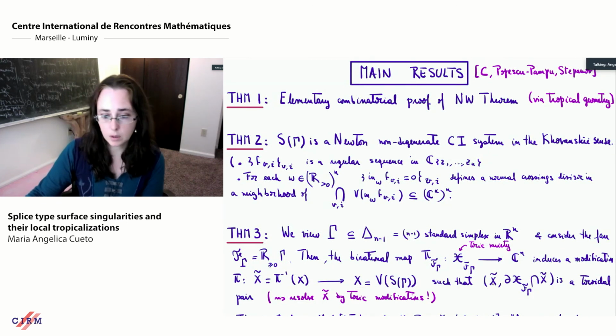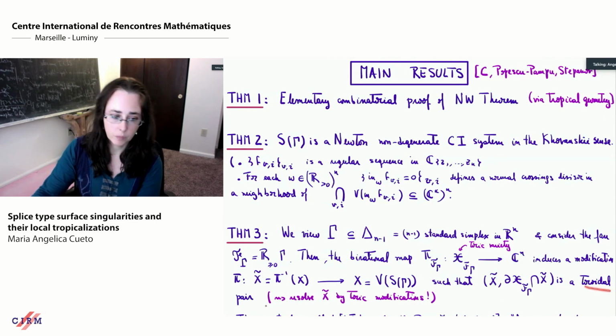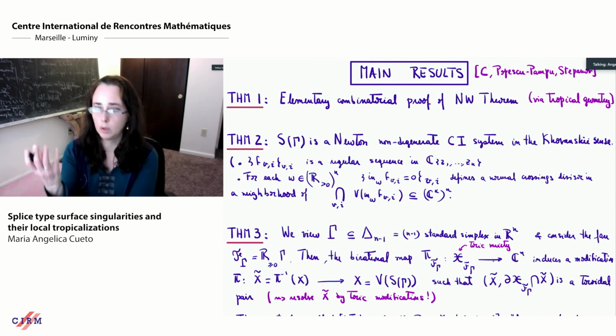Namely, the pair consisting of the strict transform together with its intersection with the boundary of my toric variety, which is a divisor, is going to be a toroidal pair. So if you look at it locally, it really looks like a toric variety together with its toric boundary.